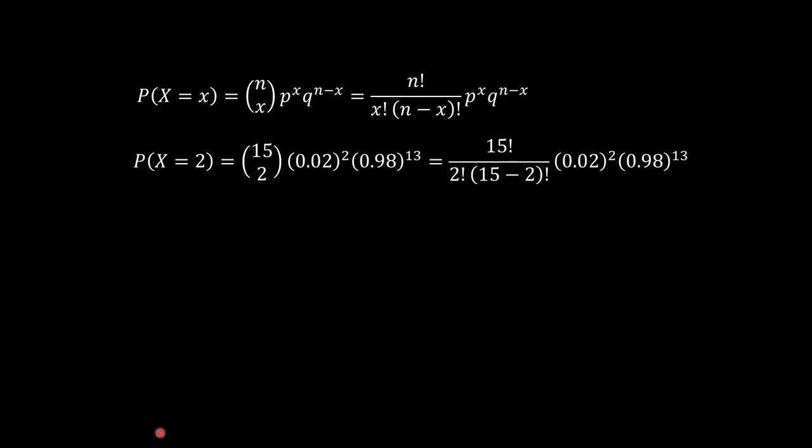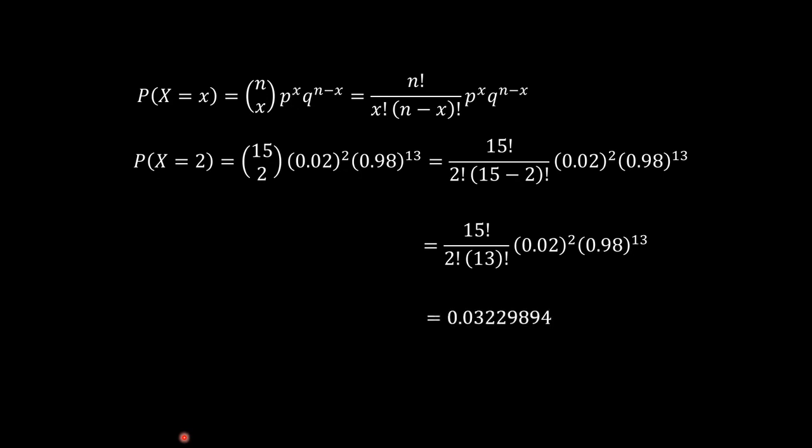This is now equal to 15 factorial over 2 factorial times 13 factorial times 0.02 raised to 2 times 0.98 raised to 13. Using a calculator, we are going to get 0.03229894.